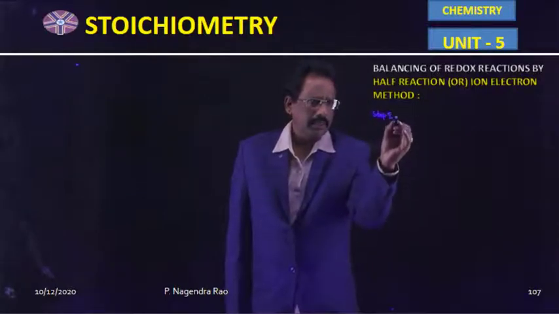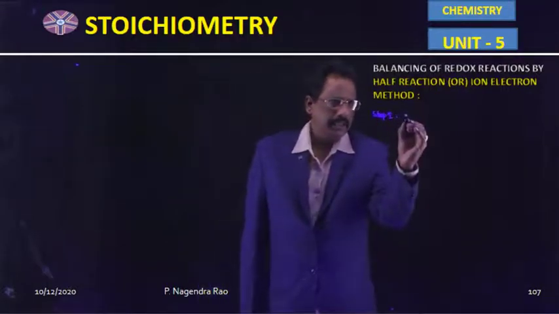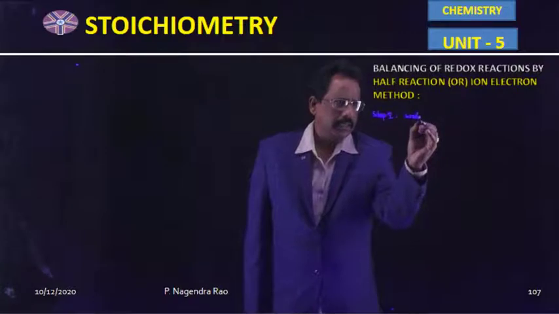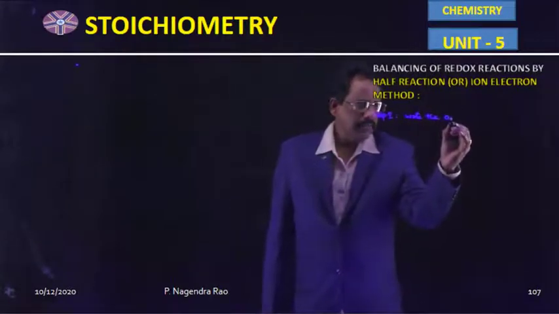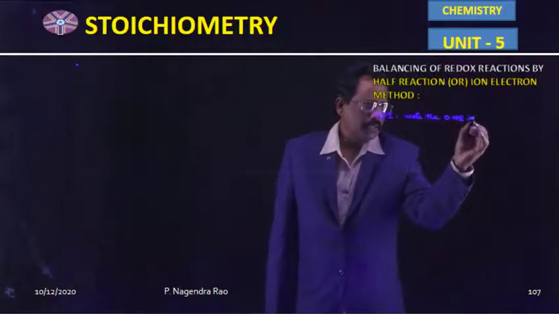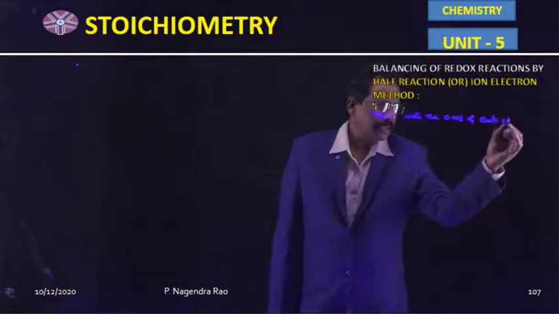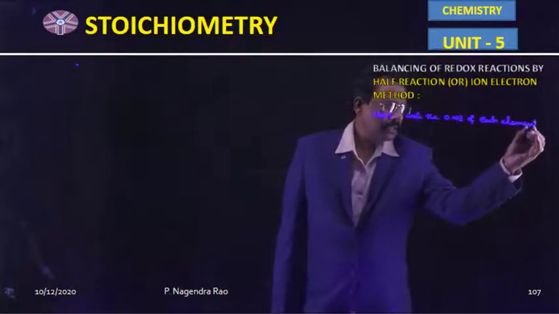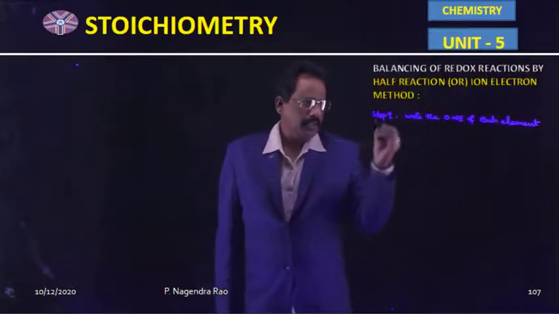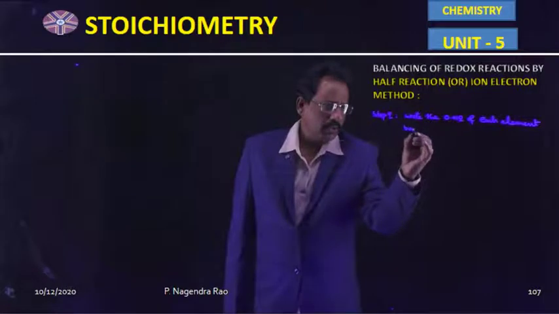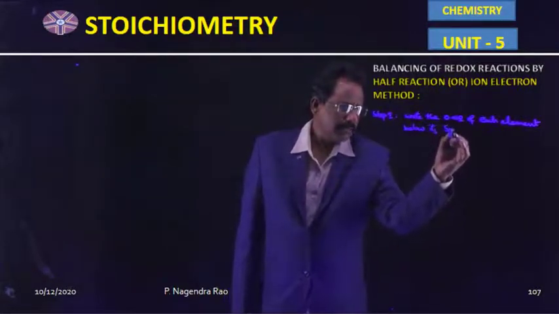First step is to write the oxidation number of each element below its symbol.